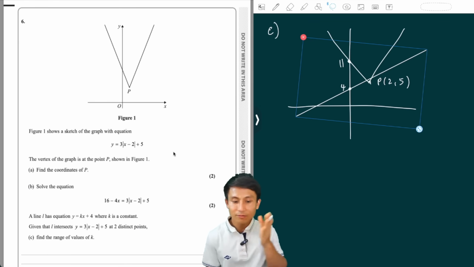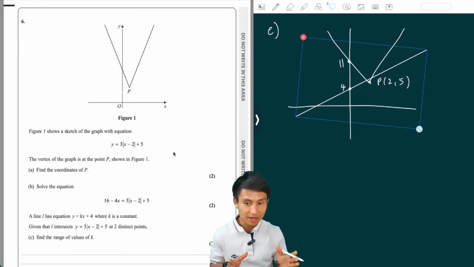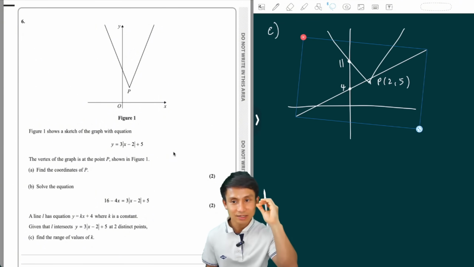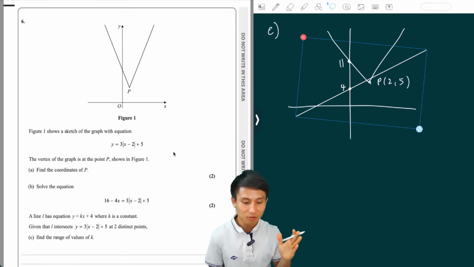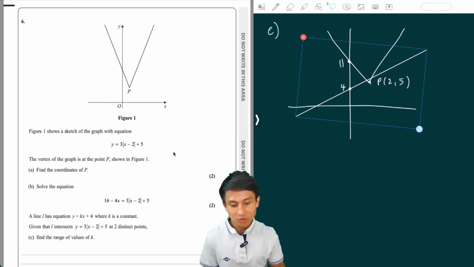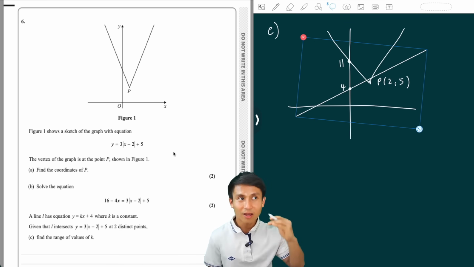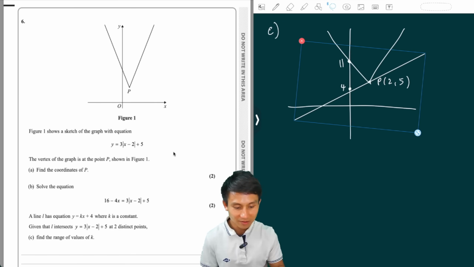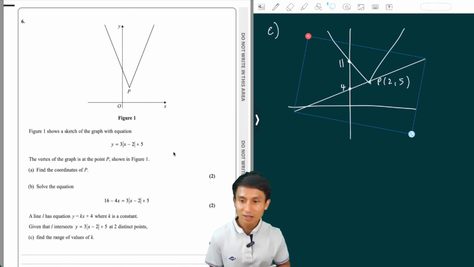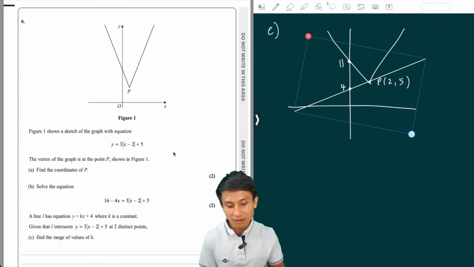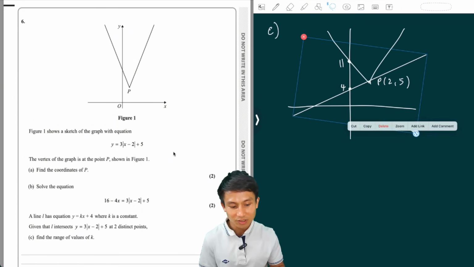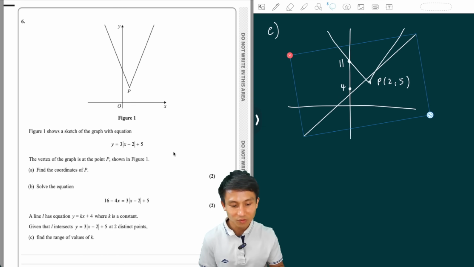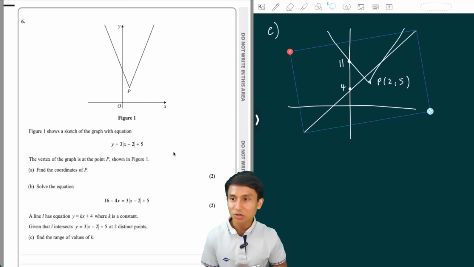We have to make this line of an unknown gradient cut the V shape at two distinct points. The critical point beyond which it starts cutting at two distinct points would be the vertex, right? Because if you ever so slightly tilt the line a little more, you cut 2 points.